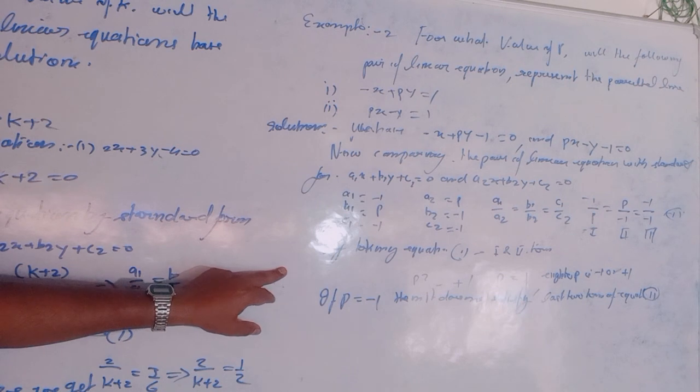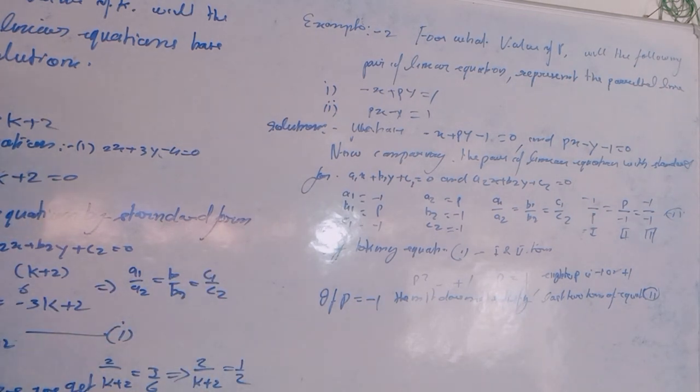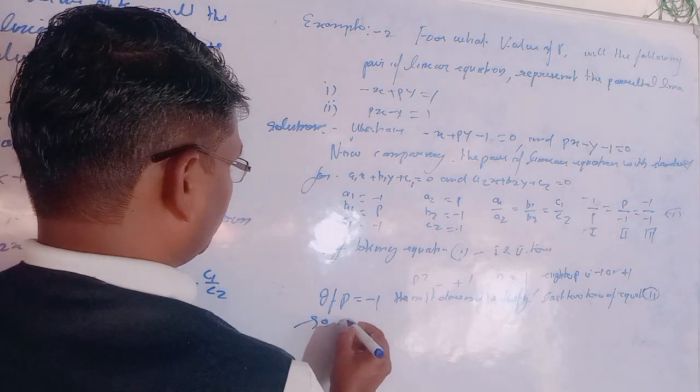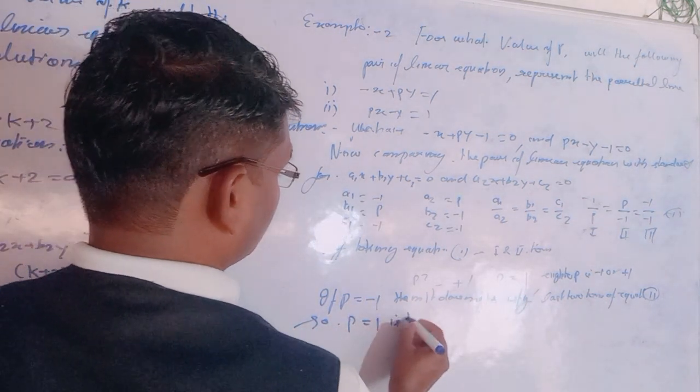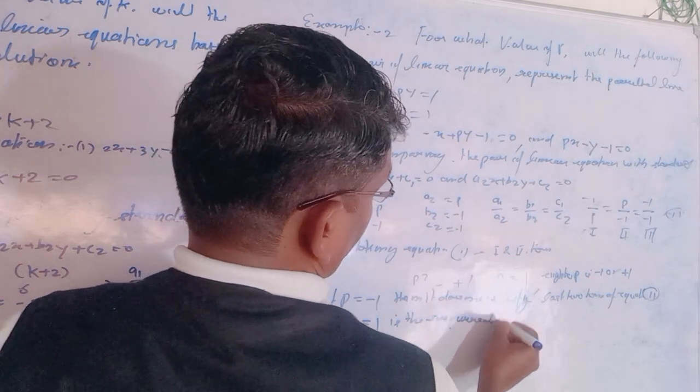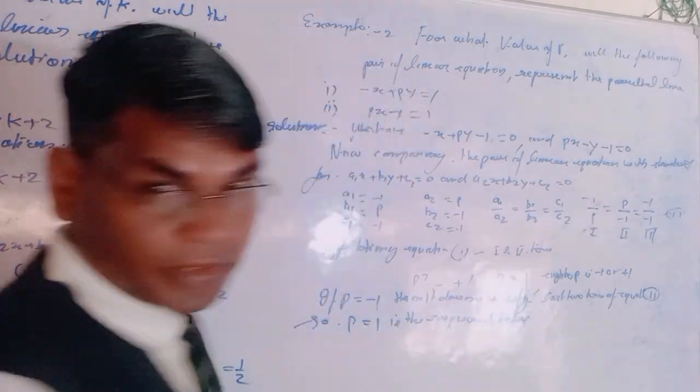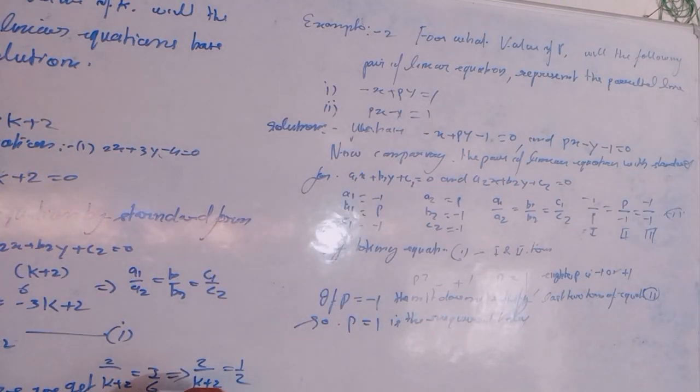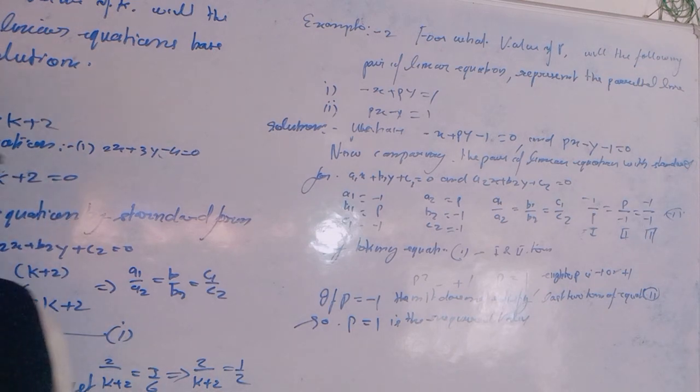So p is equal to 1 is the required value. Got it? So we have done it and completed these equations.